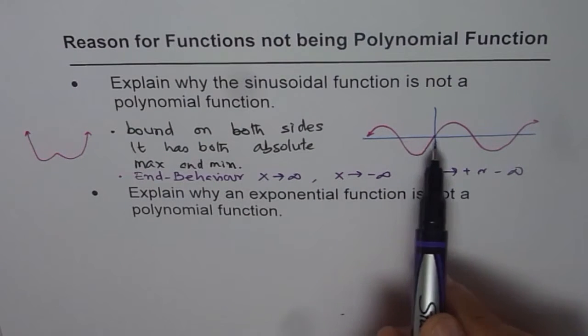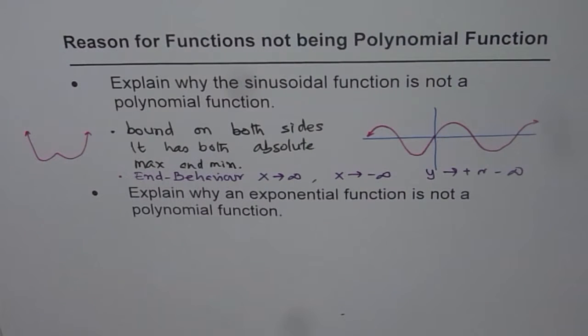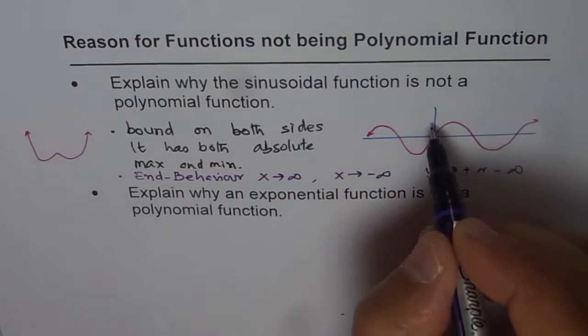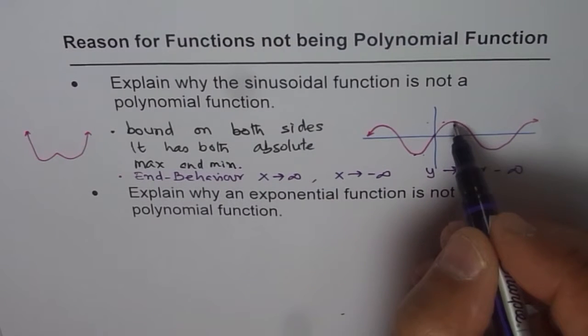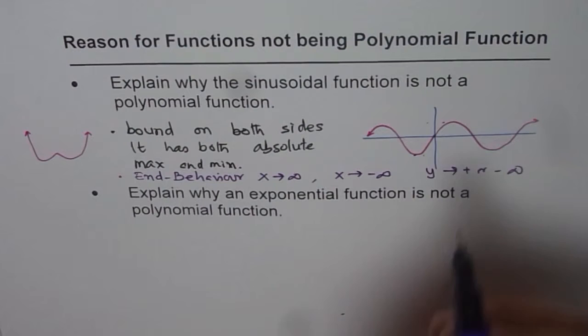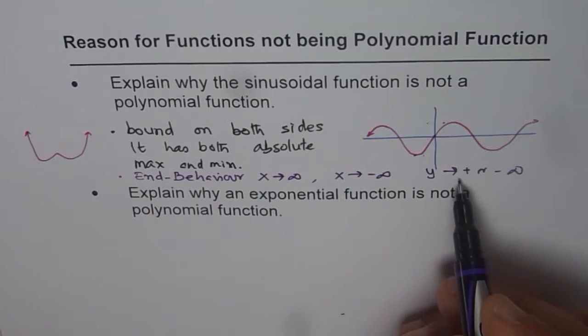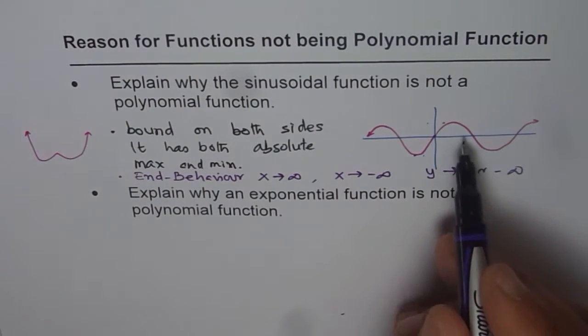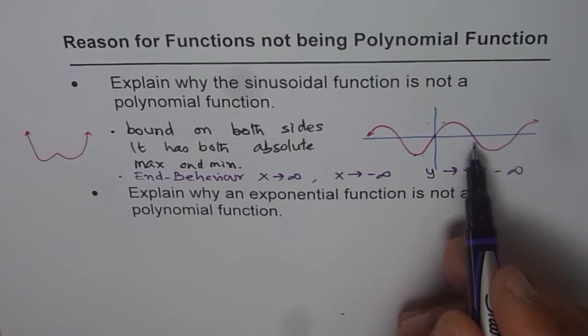Here we are not very certain. It's a periodic wave. We know it has an upper and lower bound, so it is never more than plus or minus 1. We know it will never reach plus infinity or negative infinity. Therefore, it is not a polynomial function, right?